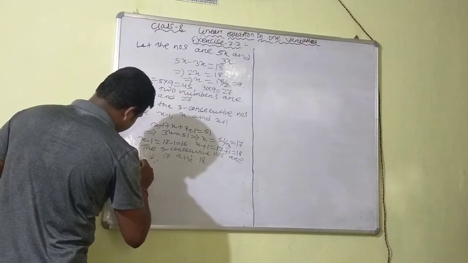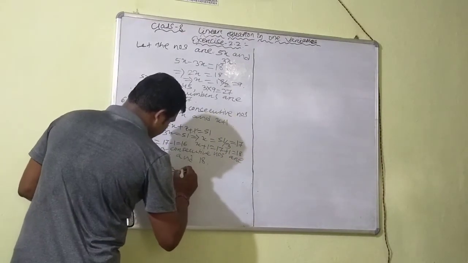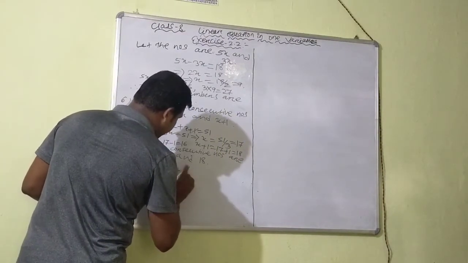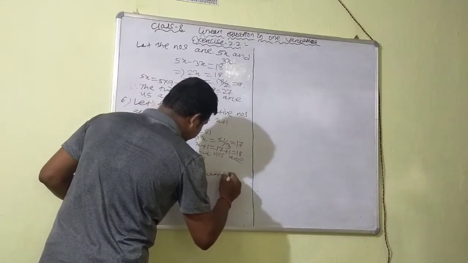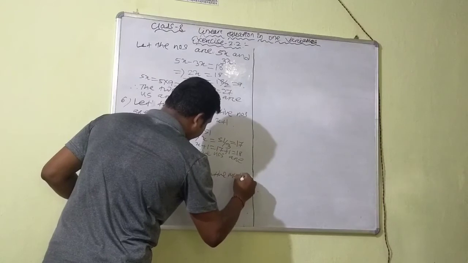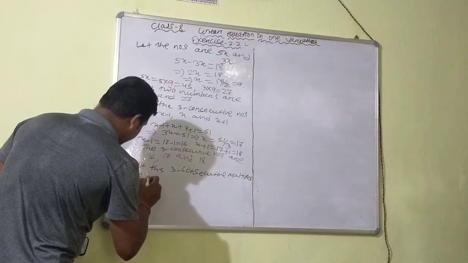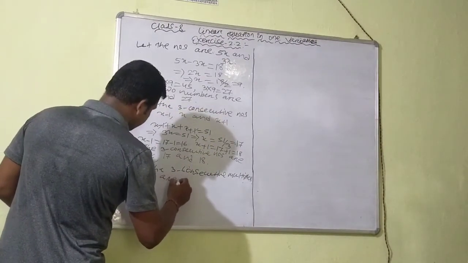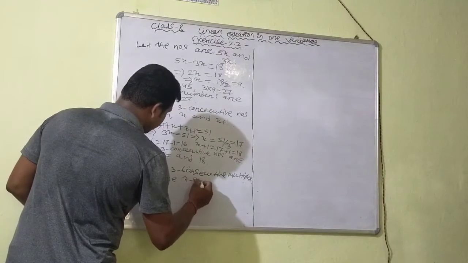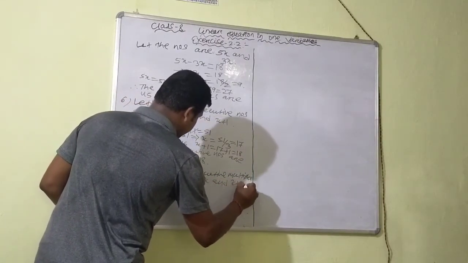Let the three consecutive multiples of 8 be x minus 8, x and x plus 8.